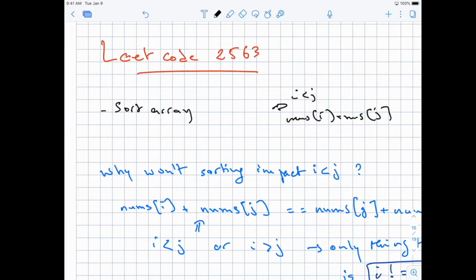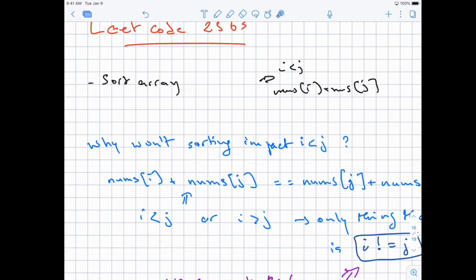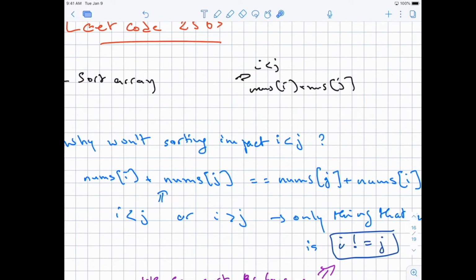Well, it doesn't, because the sum of nums at i plus nums at j is actually equal to the sum of nums at j plus nums at i. So whether i is smaller than j or i is bigger than j, it doesn't matter. We can just flip the order, right? And so this tells us that it doesn't matter which index is smaller than the other one.